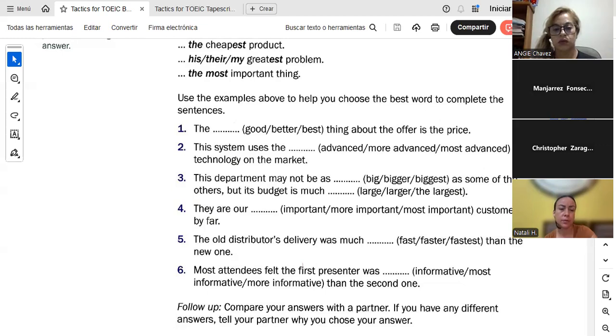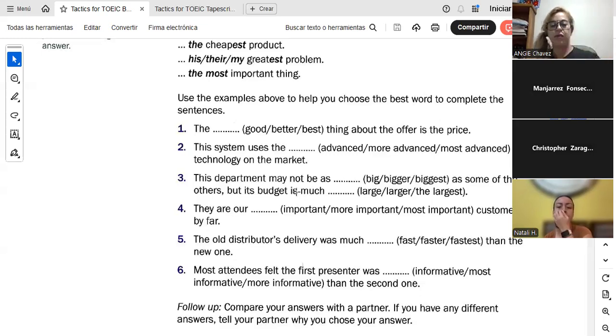Number two: the most advanced technology, of course. Number three: as big as some others, but its budget is much larger. Remember that this is a modifier. Much larger.